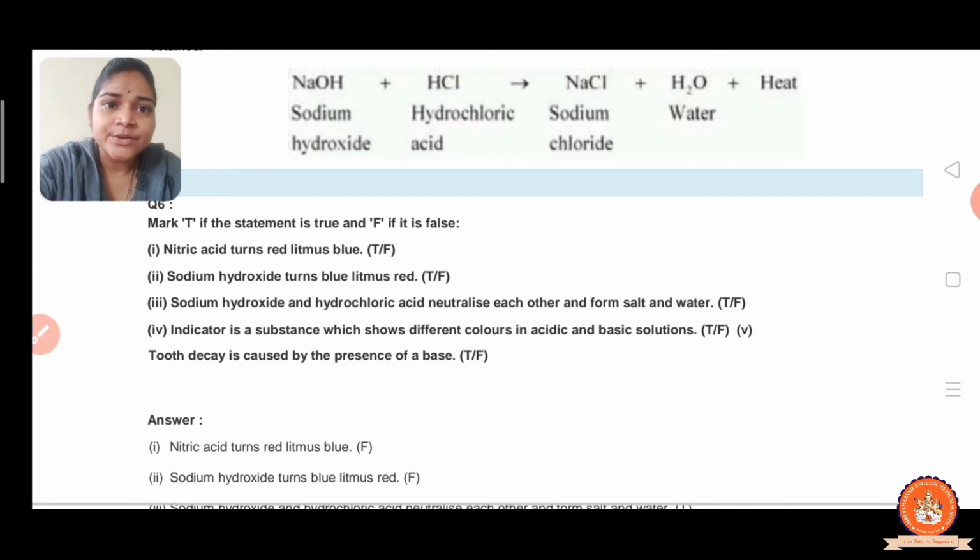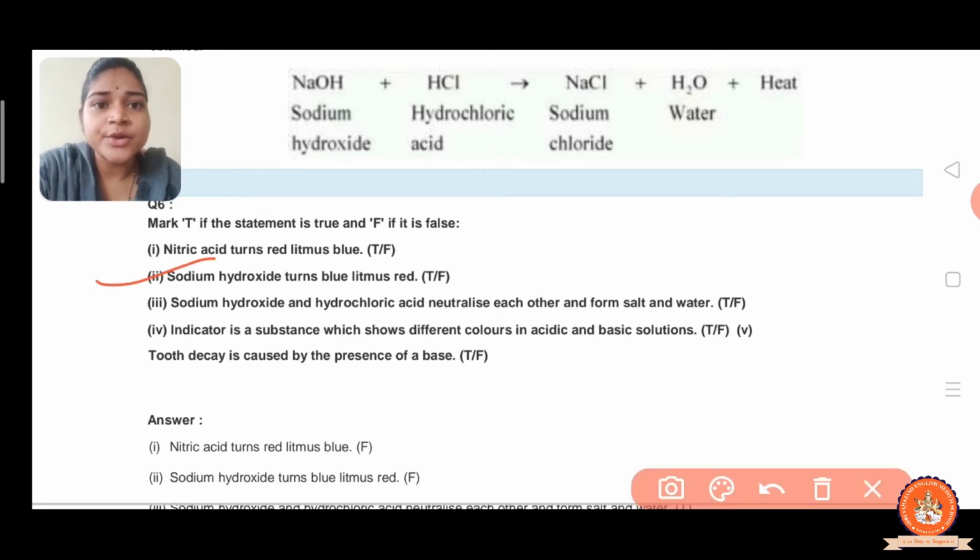So false. Now the second one: sodium hydroxide turns blue litmus red. The chemical formula of sodium hydroxide is NaOH. Is sodium hydroxide acidic or basic in nature? Hydroxide is basic in nature.